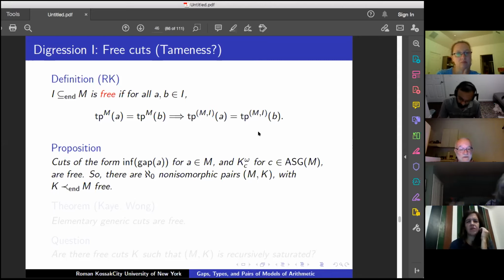But what comes to mind is transplendence. I haven't looked at transplendent pairs, and this is the work of Engström and Kaye. So maybe there is something there. Thanks.